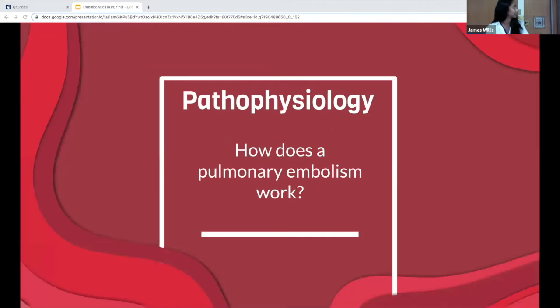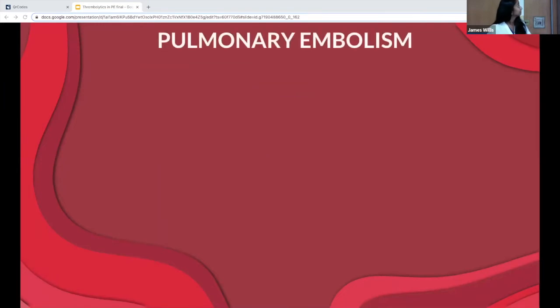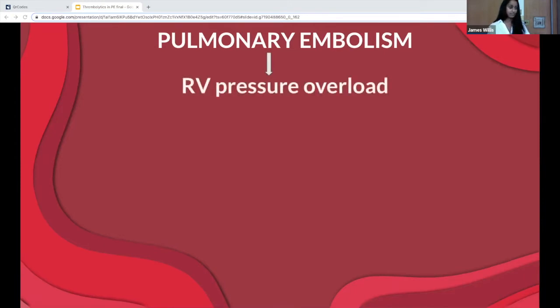So first, before we get started, I'm just going to review the pathophys of how PE works and why it sucks. You have pulmonary embolism, which is essentially a clot in the pulmonary vasculature, which then leads to, firstly, increased pressure in the right ventricle. Why is that? It's because there is an increase in pulmonary vascular resistance.